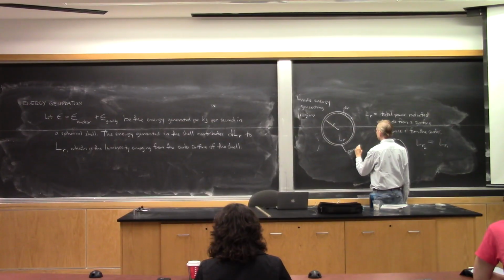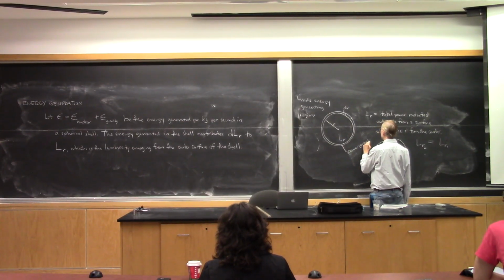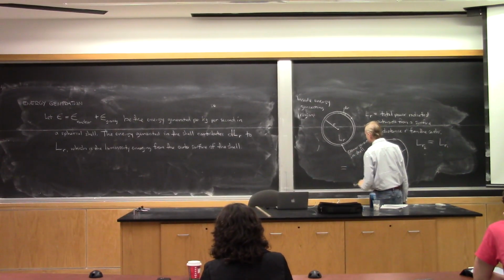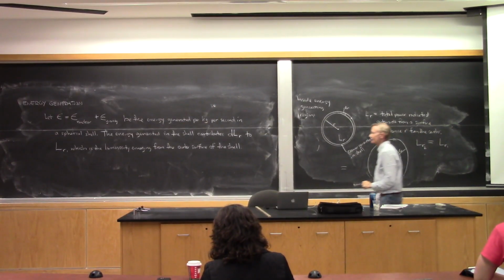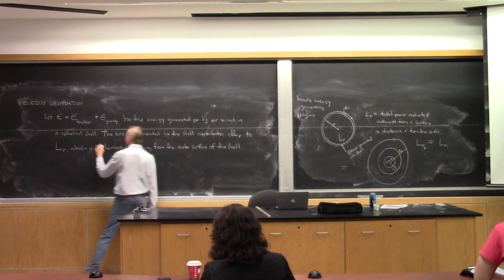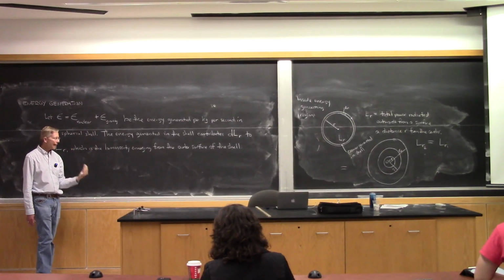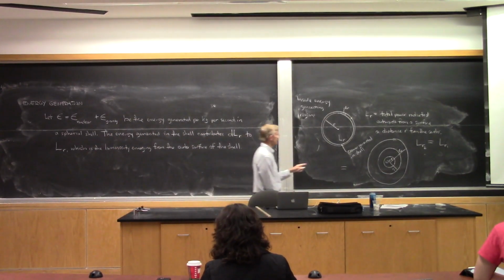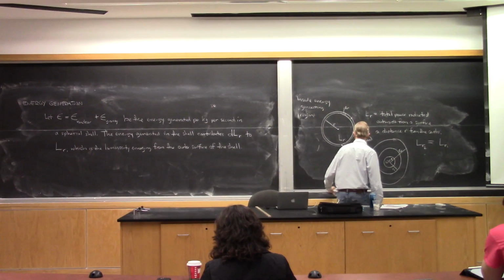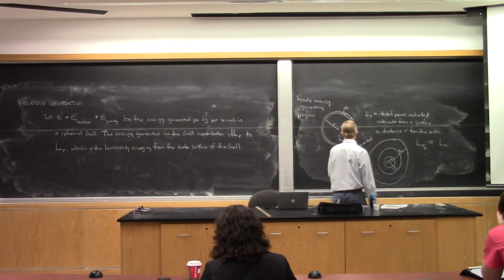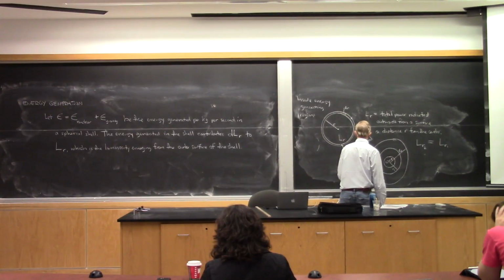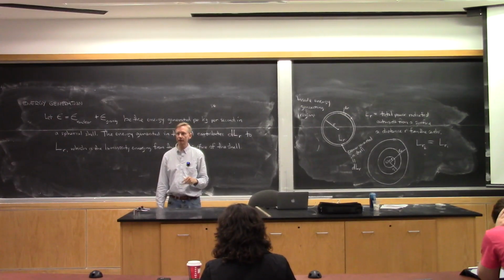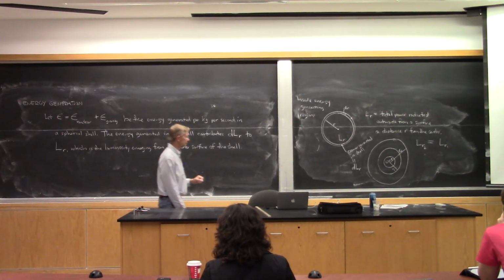So power generated in shell, how can I get that? So if epsilon is the total power per kilogram, power per unit mass generated in this shell, we're calling that dL sub r. dL sub r is the power generated within that little shell of thickness dr.